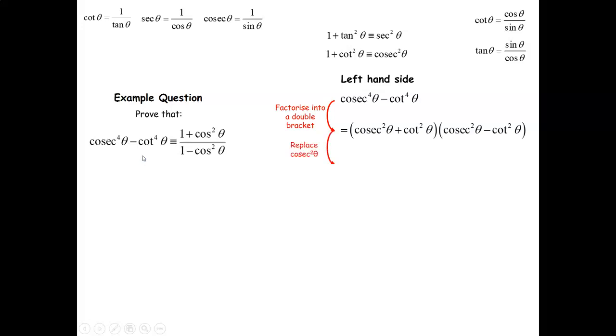However, I can see that the left-hand side is the difference of two squares. Now, my cosec squared theta, if we look up here, equals 1 plus cot squared theta. That's going to be useful because I've got cot squared theta here, cot squared theta here.